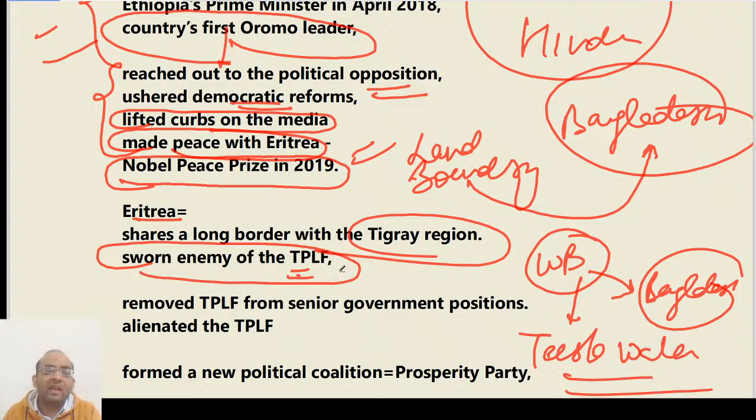Similarly, this TPLF does not want the Tigray region to have any sound relationship with Eritrea. So this peace with Eritrea is going to antagonize TPLF. Similarly, if Modi proceeds on the Tista water dispute with Bangladesh, that would instigate Mamata Banerjee. Similarly, this effort of peace with Eritrea instigates TPLF.